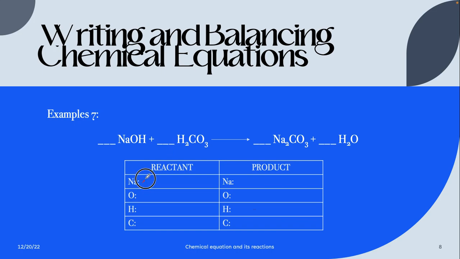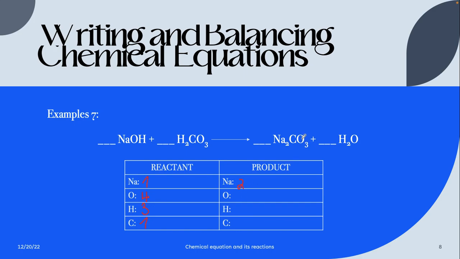So we have 1 sodium, 4 oxygens, because we have 3 here and 1 here. Then we have 2 hydrogens and 1, so that makes it 3 hydrogens. And carbon, we have 1 carbon. On the product side, we have 2 sodiums.